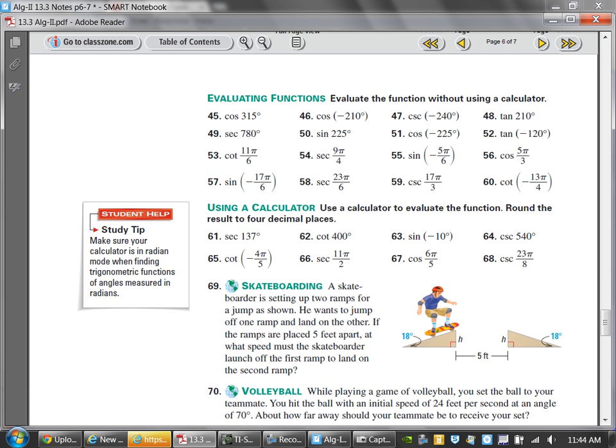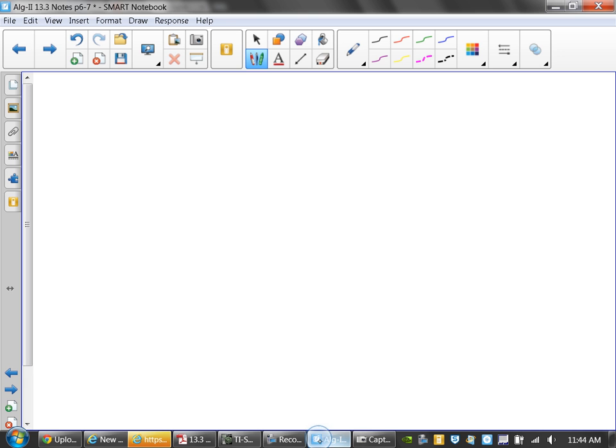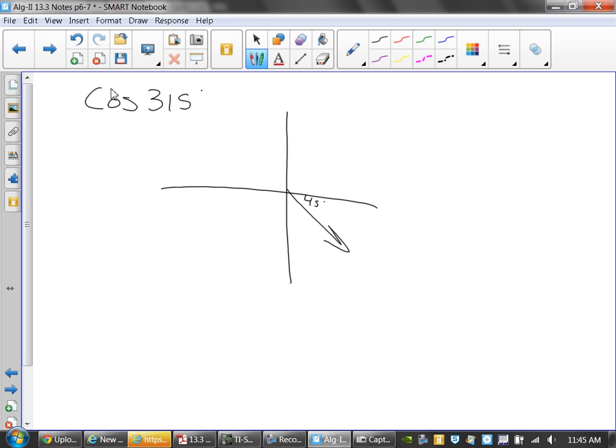If I take the cosine of 315 degrees and I want to know its value, I need to first figure out what quadrant it lies in, because you're not going to have a calculator. Well, it's a fourth quadrant. How far off of the x-axis is it? 45. So its reference angle is 45 degrees for theta.